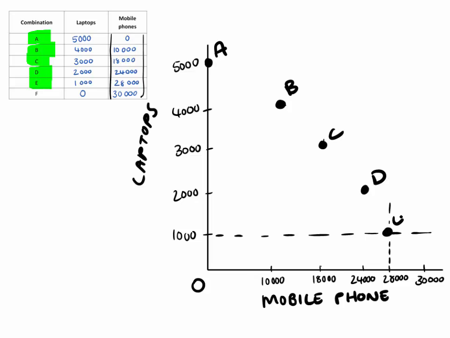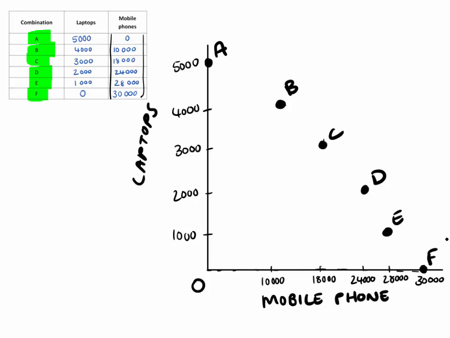So over here is point E. And then lastly is my other extreme, point F. At point F, I use all my resources on mobile phones, so I produce a maximum of 30,000, and I'm not producing any laptops. So on the X over here is my point F.